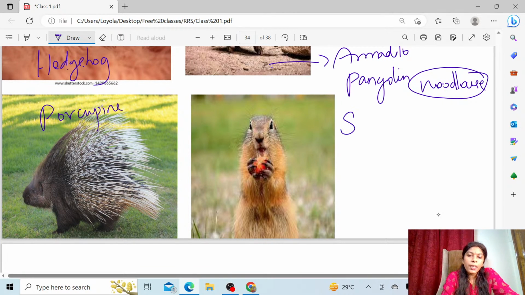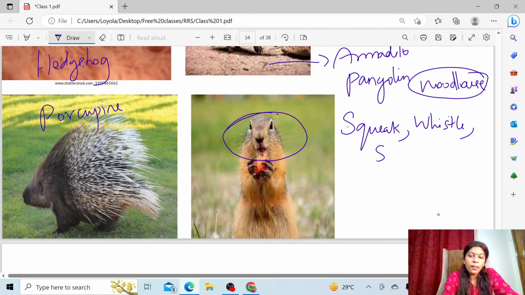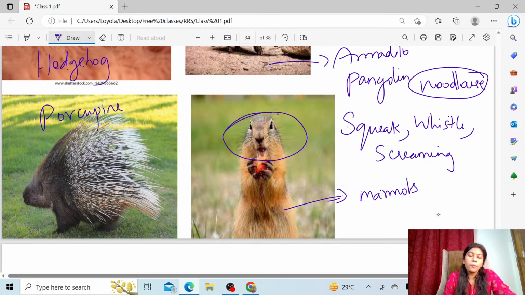Some animals squeak, or they whistle, they scream. Very famous. This animal, have you seen? Memes and all are made with this animal. They call this marmot screaming, marmots. Marmots used to scream. It's a ground squirrel.